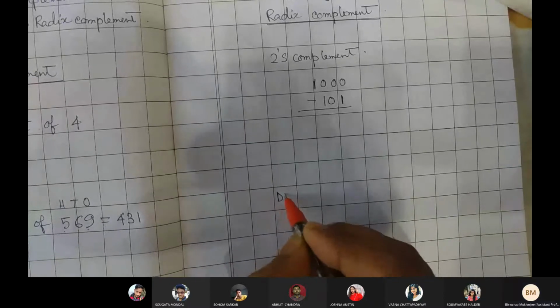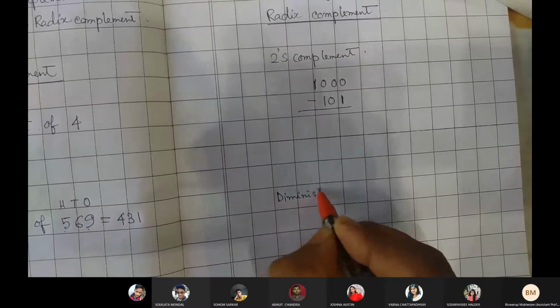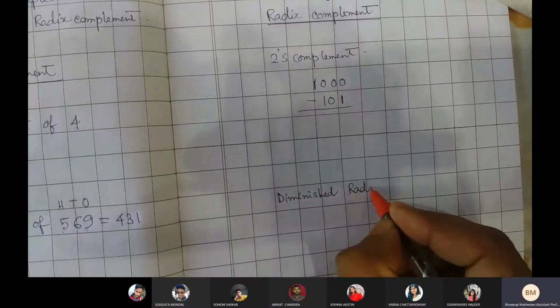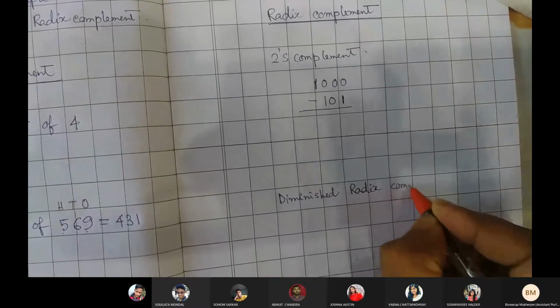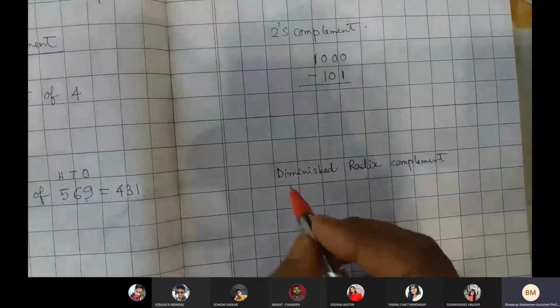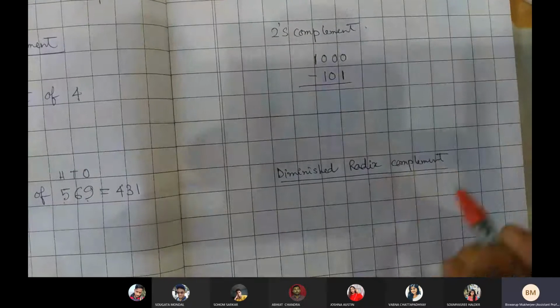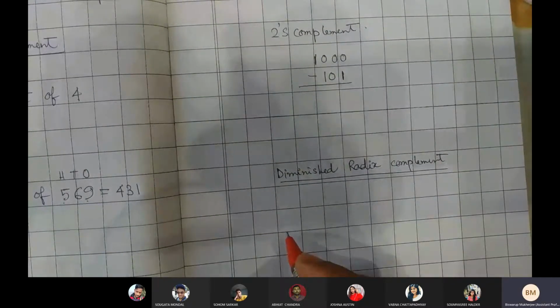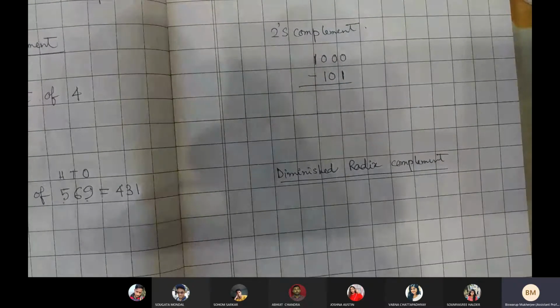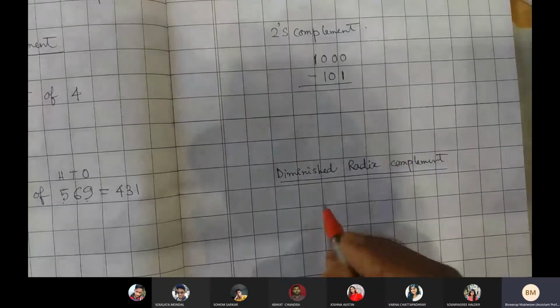The diminished radix complement. What is that? Obviously, you have to take the maximum number and subtract from there.